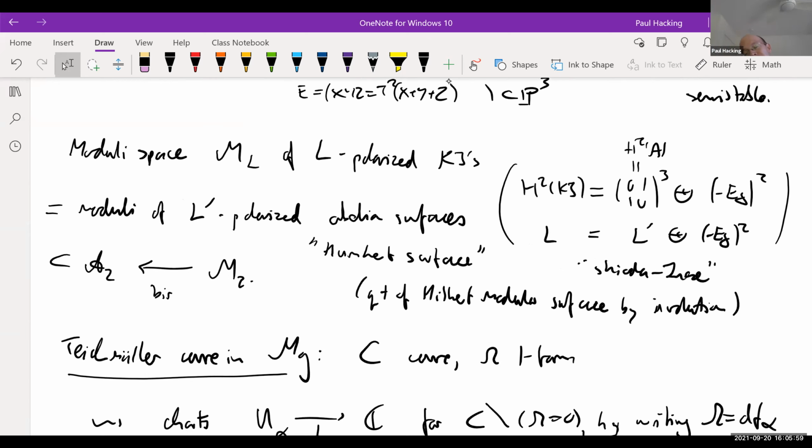So Hilbert modular surface parameterizes abelian surfaces with an endomorphism, a subring of the endomorphism ring corresponding to a real quadratic field, and the involution corresponds to the Galois action on that quadratic field.